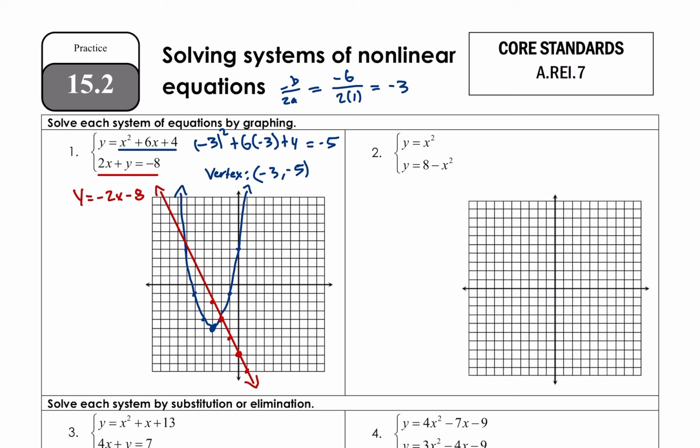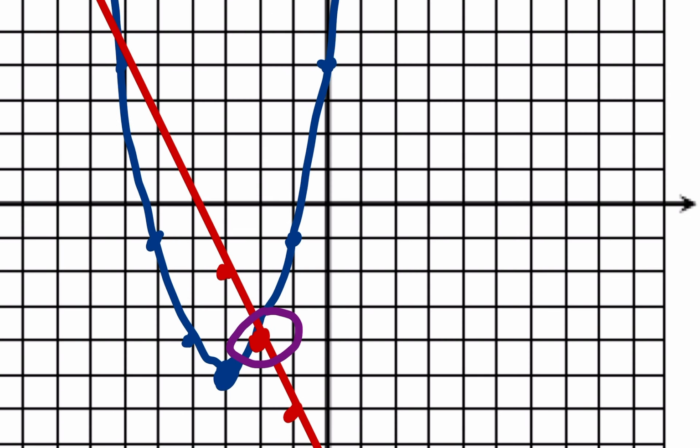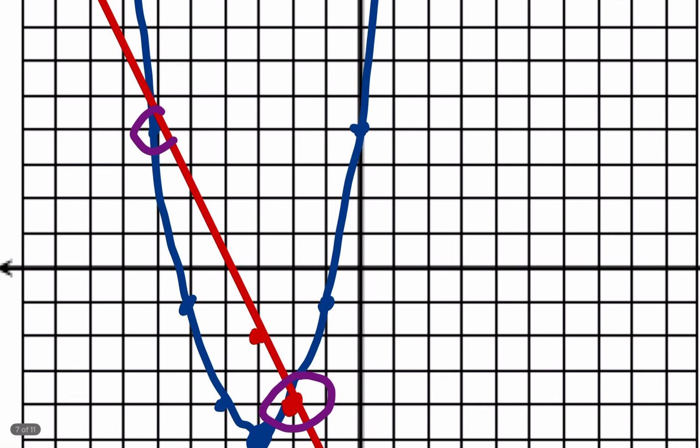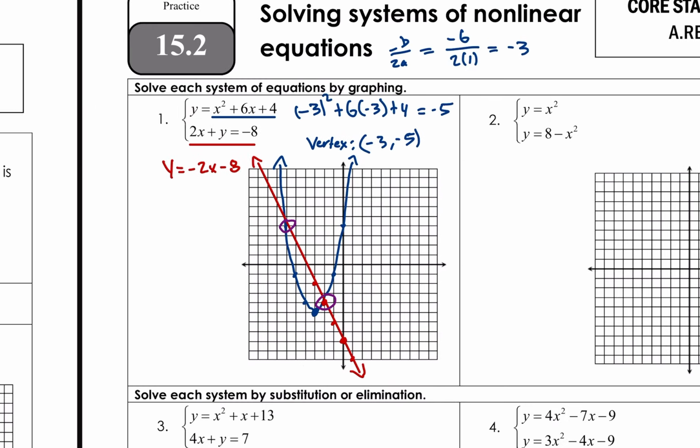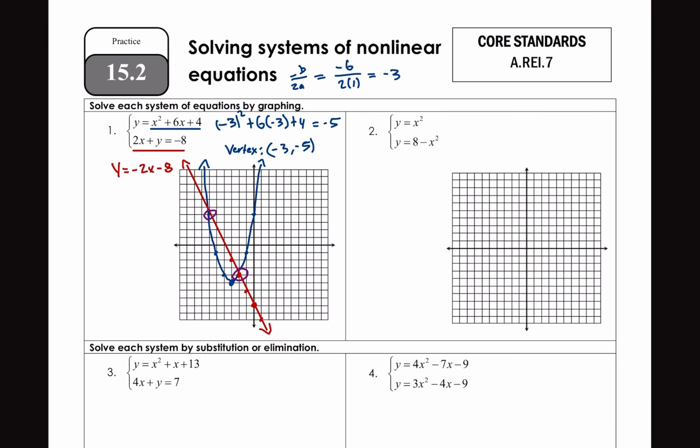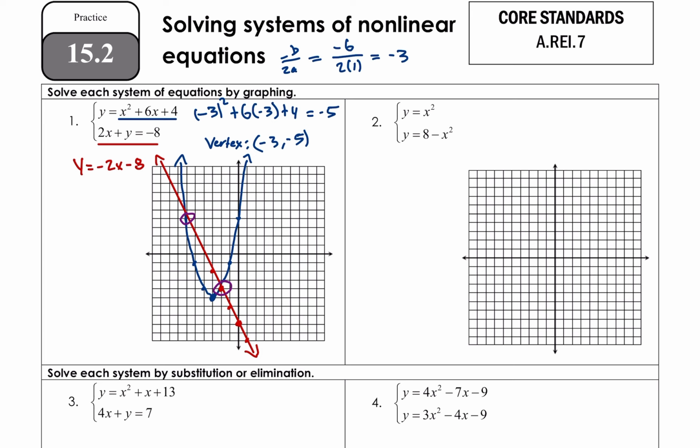Now I would like to see where these two graphs overlap, or where they intersect. And it looks to me like they intersect right here and right here. If I look at those two points and figure out where they are, the first one is at negative 2, negative 4, and the second one is at negative 6, positive 4.